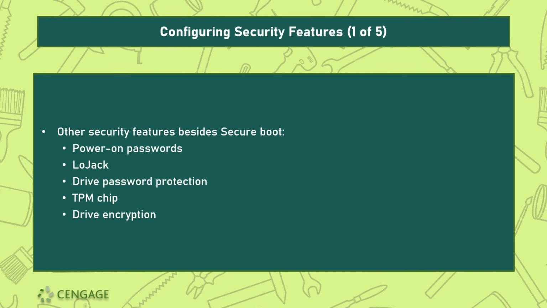Power on passwords, being able to deal with a password having to be entered when you first boot the machine. LoJack, which can trace a stolen device. Drive password protection, to where a hard drive won't even boot unless you've entered a particular password.